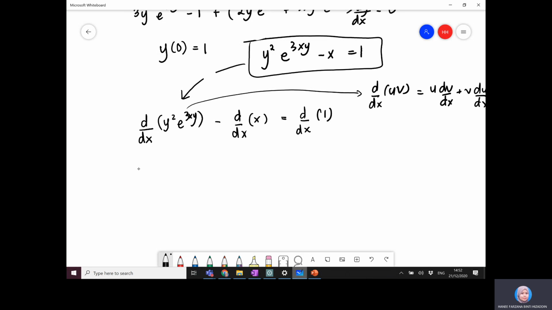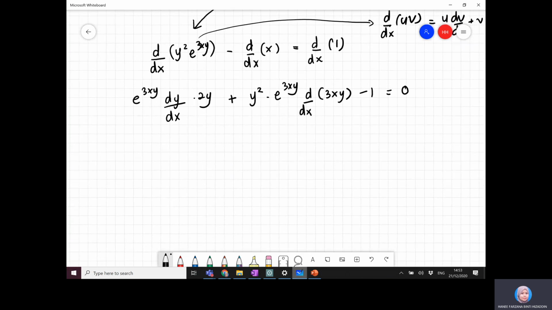Then you can take out y, plus you have to differentiate the exponential, and d(x)/dx is 1, d(1)/dx is 0.